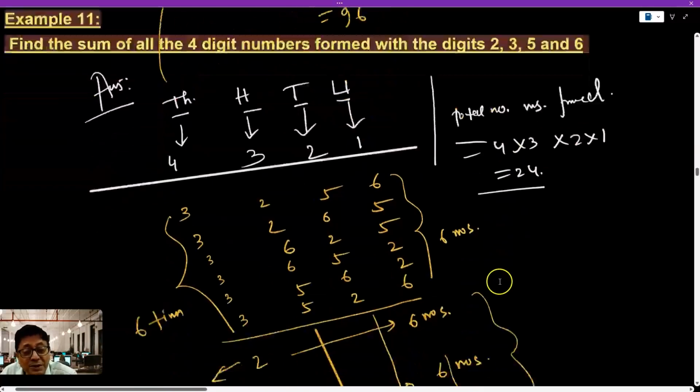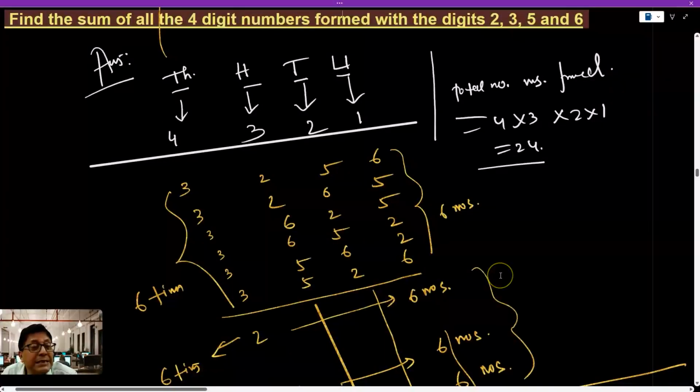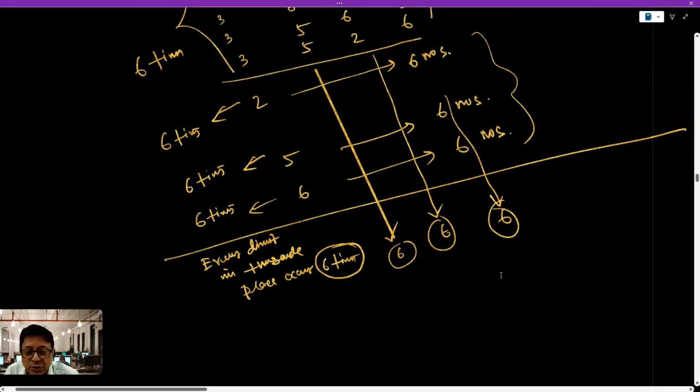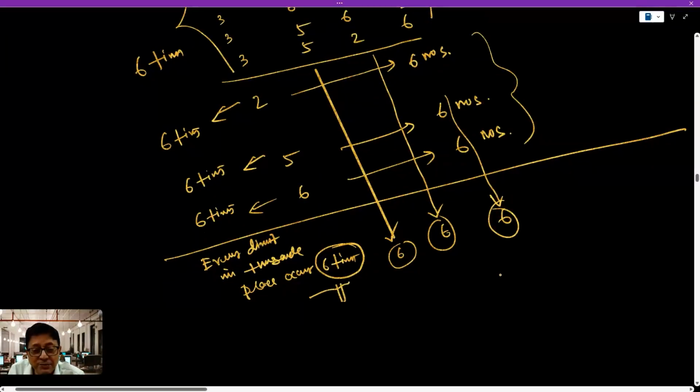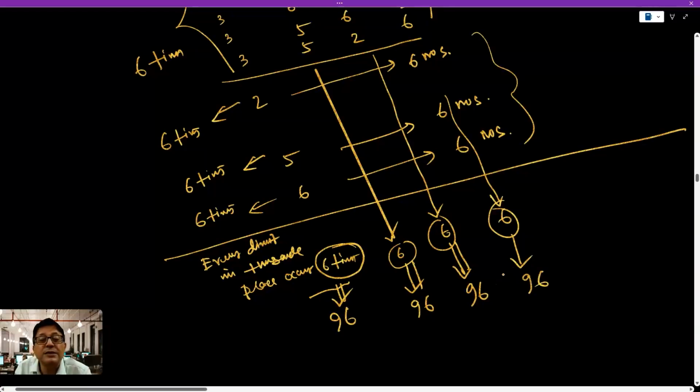So the sum of the digits at the 1000 place is 96. Sum of the digits at the 100 place is 96. Sum of the digits at the tens place is 96. Sum of the digits at the units place is 96. Till this the concept is okay.